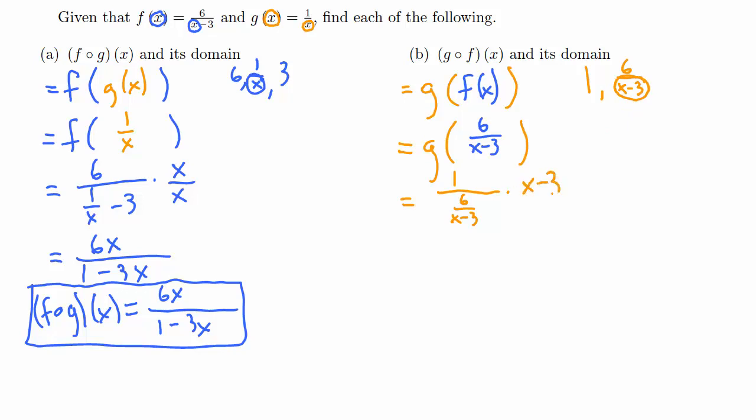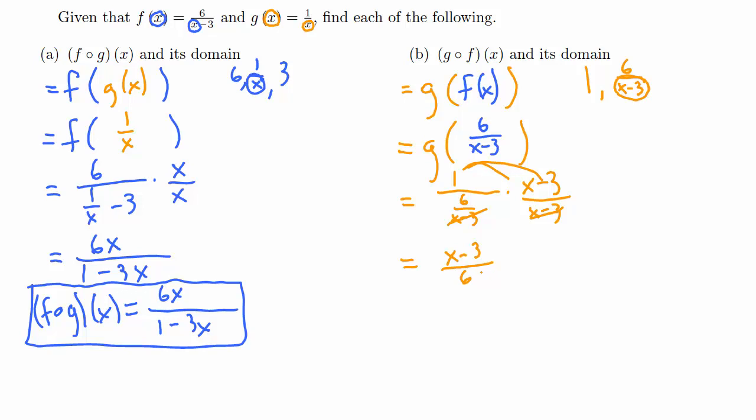So I'm going to multiply both the numerator and denominator by x minus 3. Notice the x minus 3's cancel each other in the denominator, and then you distribute the 1 right there, and that's going to make it x minus 3 all over 6.